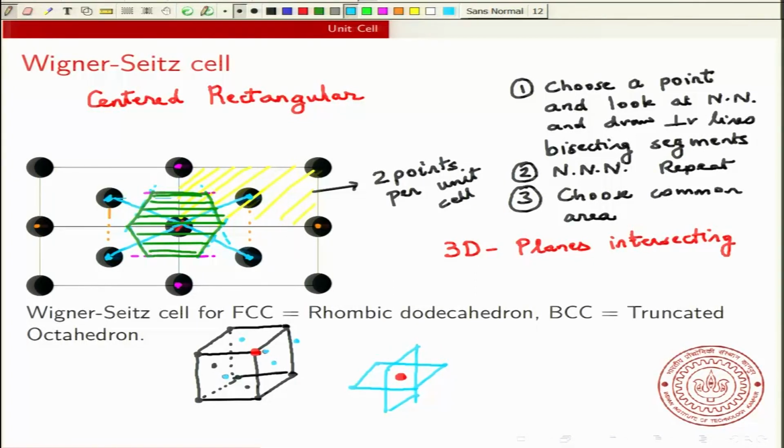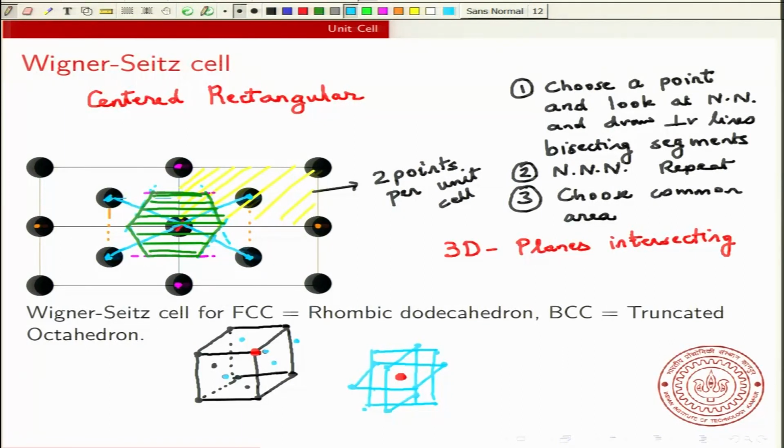So you will have 4 in this direction. So you will have a total of 12 nearest neighbors, and you are aware that the coordination number of FCC is 12. So these are the remaining 4.